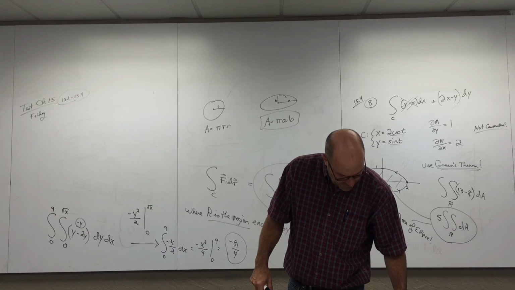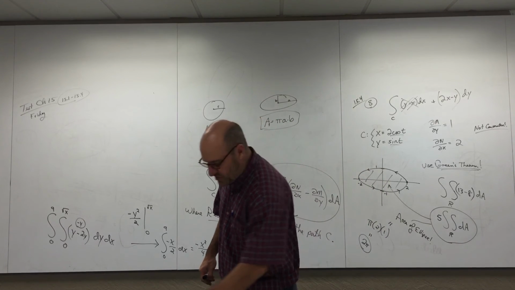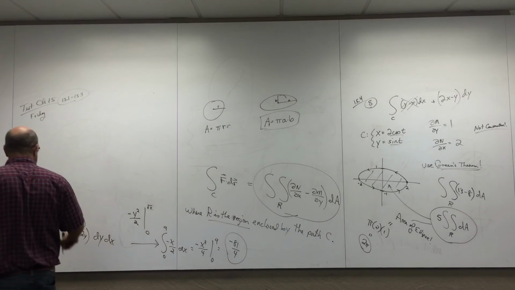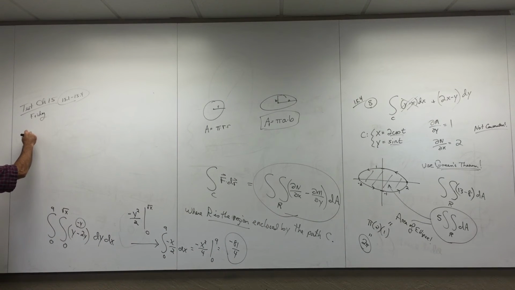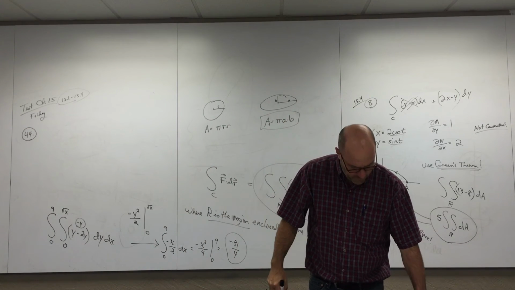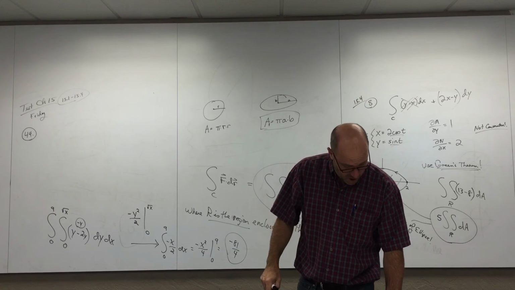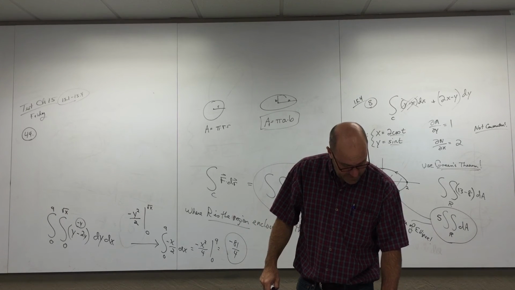Here's another one. I hate to take all your fun away. Let's just jump all the way up to 44 and see if we can fight our way through 44. Maybe it's tough, maybe it's easy, but I'm going to do this. 44, Green's theorem, region with a hole. It says, let R be the region inside the ellipse and outside the circle.